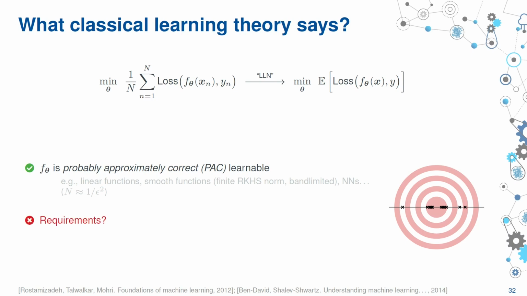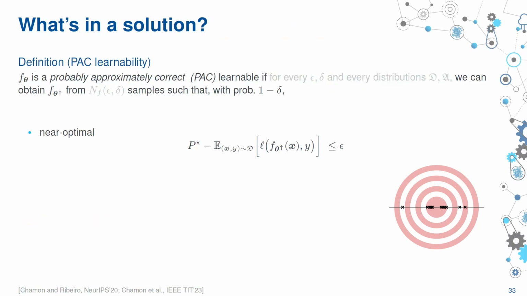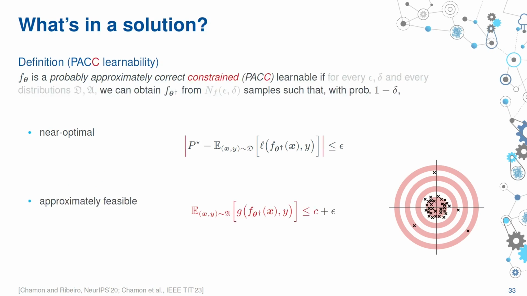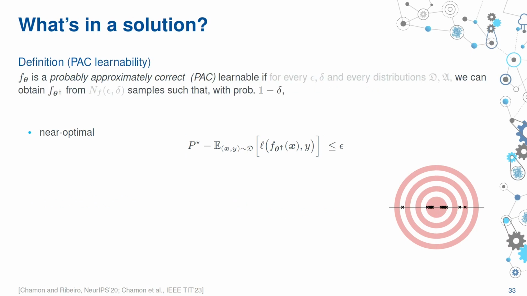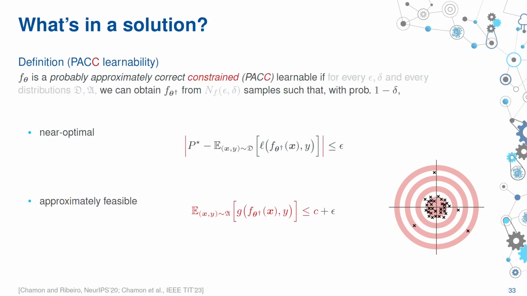So, most of the samples are going to be close to the predicted empirical average. Now, when you have constraints, the picture changes a little bit. Now you have to have this two-dimensional picture in mind, right? And there's two things that you want to happen here. You want your objective to be close to the optimum, and you want your constraints to be close to satisfied. And I have highlighted two things in red here. The first one is that when we say close to, we mean close to in absolute value, okay?